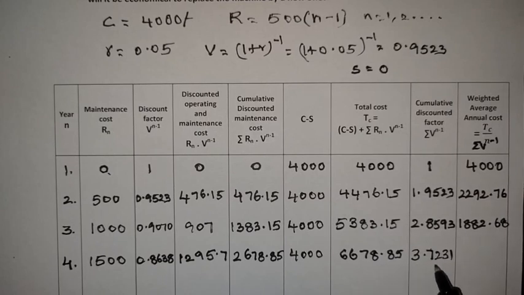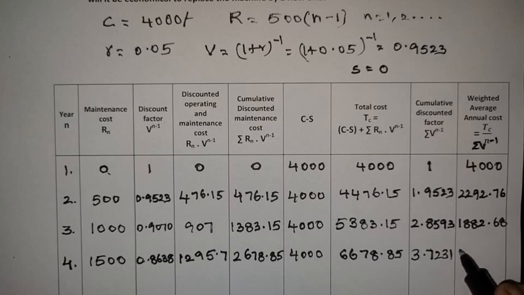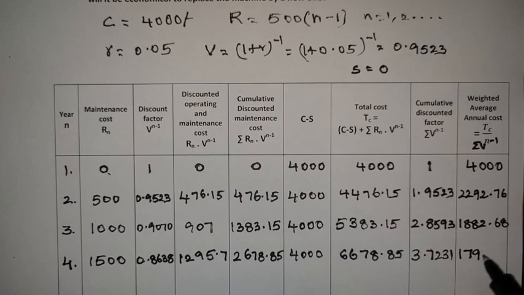TC by sigma V power n minus 1 gives 1,793.89. As the weighted average value decreased, let's go for the next year.